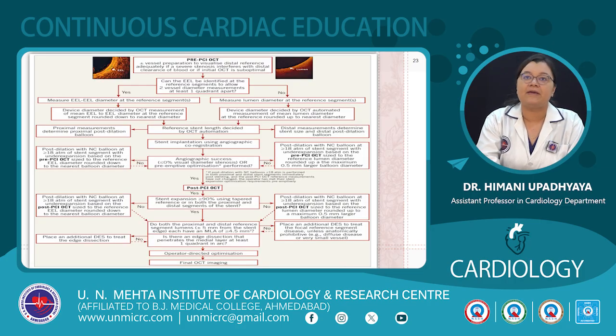This chart depicts the use of OCT in selection of stent size and post PCI to look for any complication like medial dissection, under expansion, or malapposition. We can always use the reference diameter of the distal vessel for stent size, and with the use of OCT automation, we can decide the stent length.